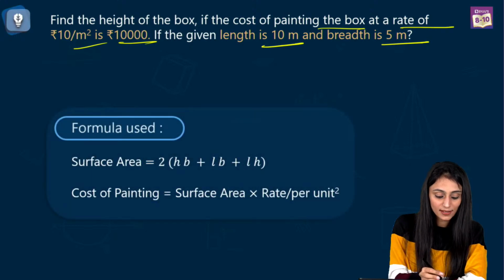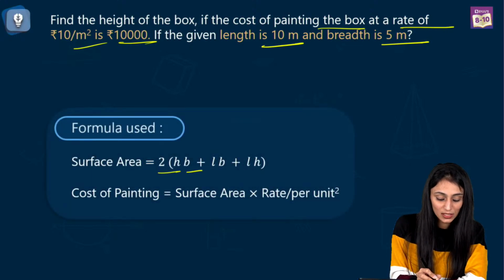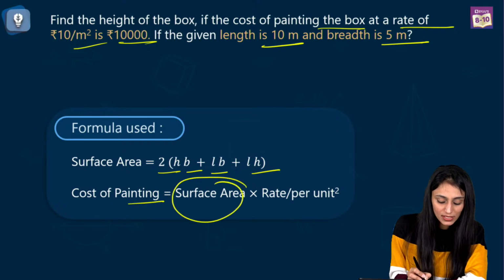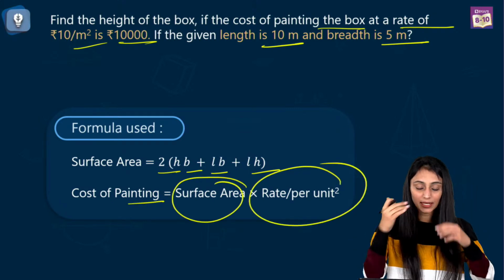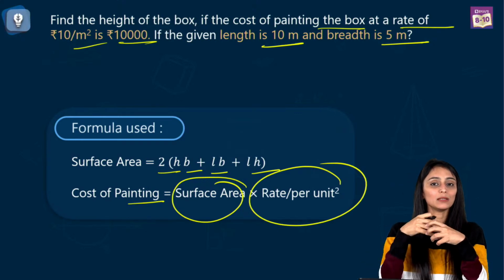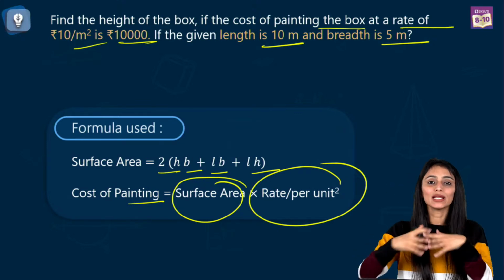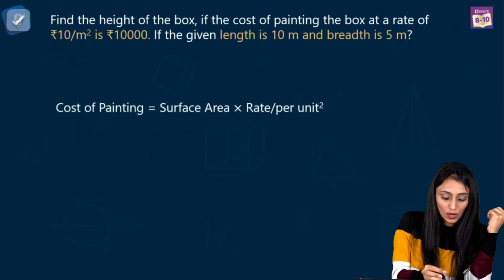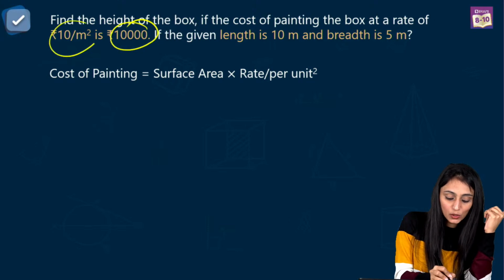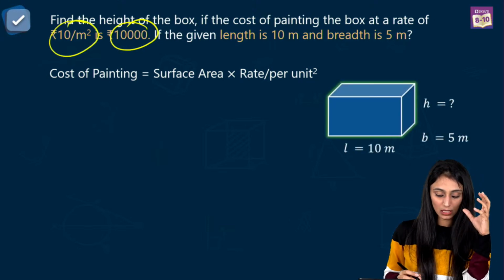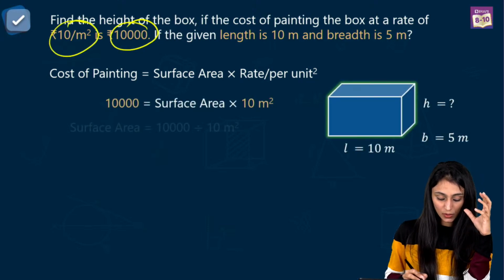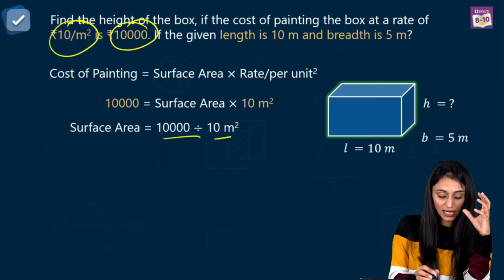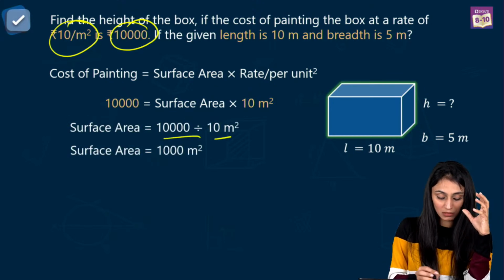Definitely it's a cuboid, correct? Alright, so we know about the surface area of a cuboid. That's 2 times HB plus LB plus LH. Cost of painting would be total surface area into rate per unit square, right? If you know the rate per unit square, you multiply that with the complete area, you will get the total cost. So total cost is given to you. Per meter square cost is also given. Let's put it here. I'll write this as 10,000 divided by 10 meters square. That's going to be 1,000 meters square.